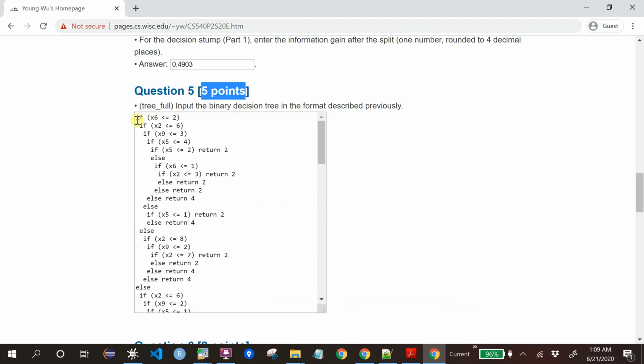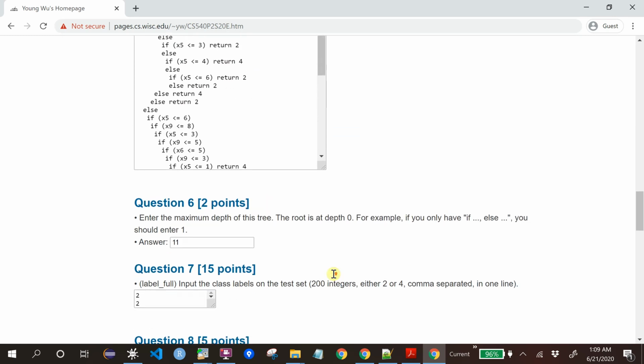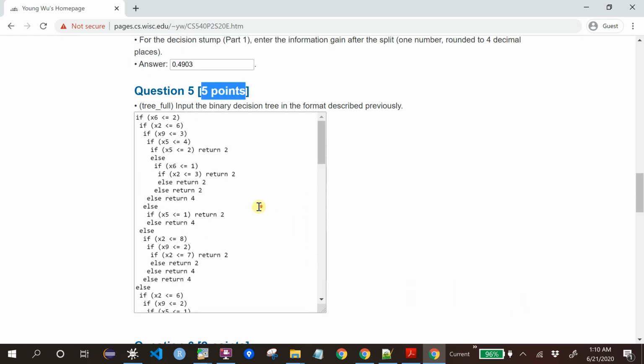You can enter a very small tree, just with if and else, and get the points, but you won't get anything for the next question. I'm checking the format, and the format includes these if and else. You cannot have an else if on the same line, or it will not be graded correctly.